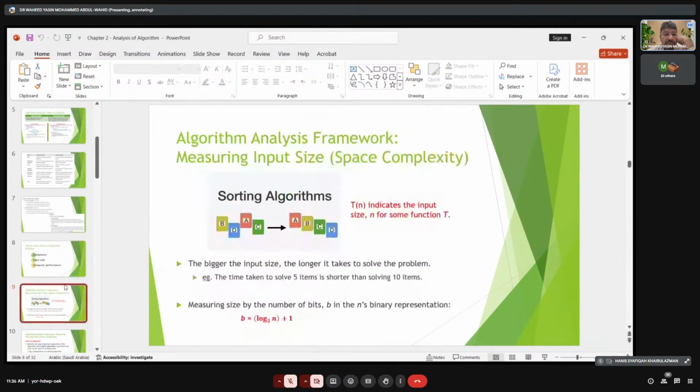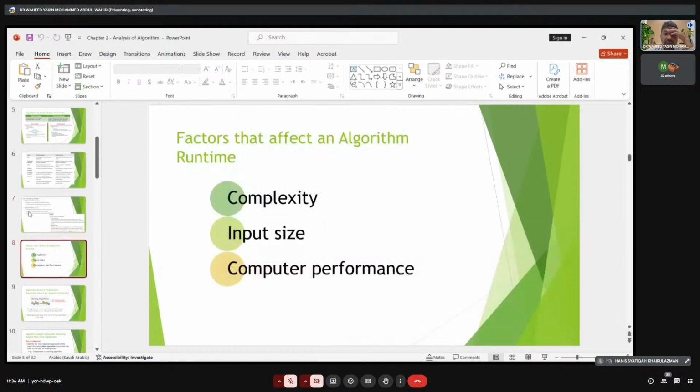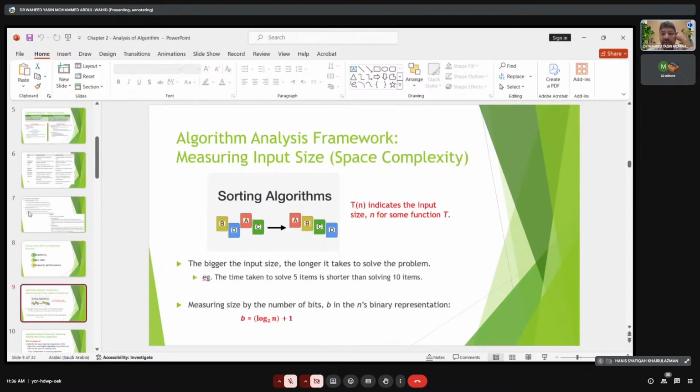Factors that affect algorithm runtime: complexity, input size, computer performance. Algorithm analysis for measuring input size, space, complexity.